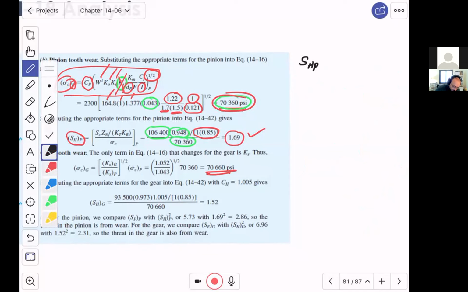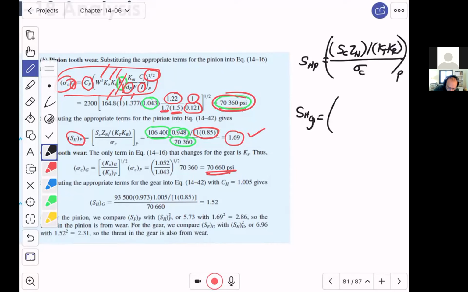SH for the pinion is equal to SC ZN divided by KT multiplied by KR, and this is divided by sigma C. This one is for the pinion. What is the difference between a pinion and a gear? SH for the gear is equal to SC for the gear, ZN for the gear, but you need to multiply by CH.